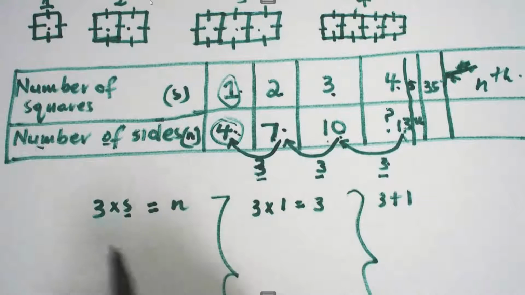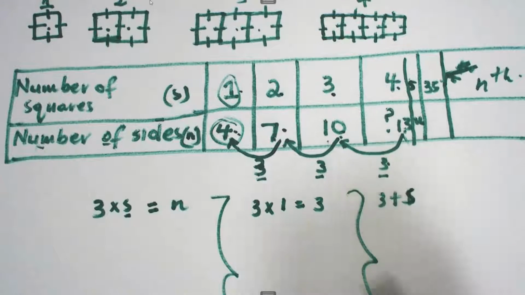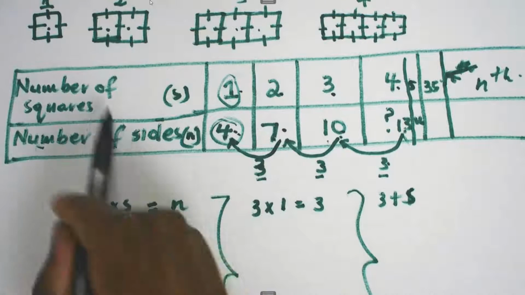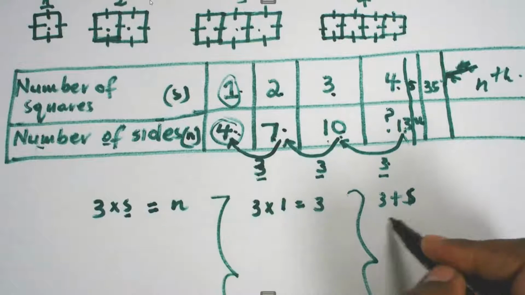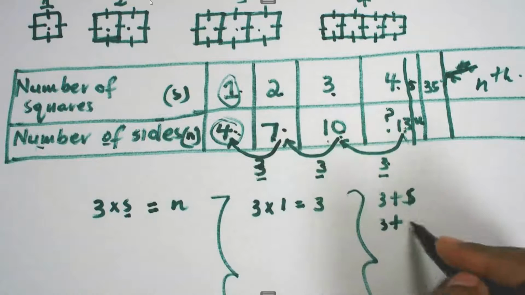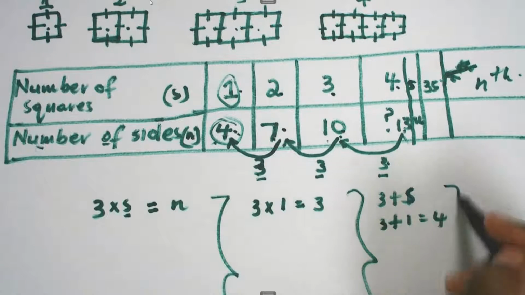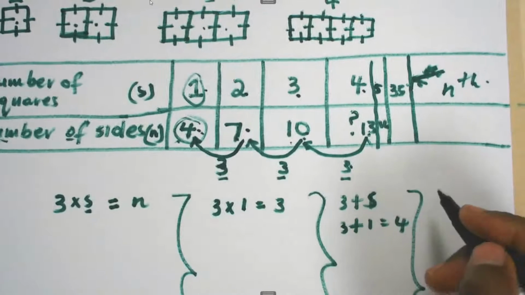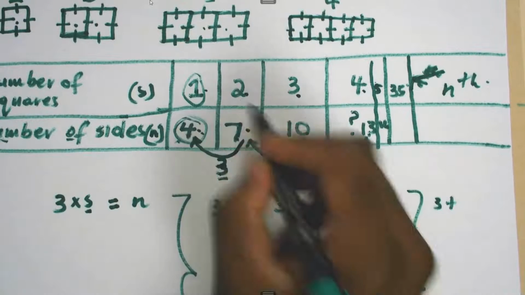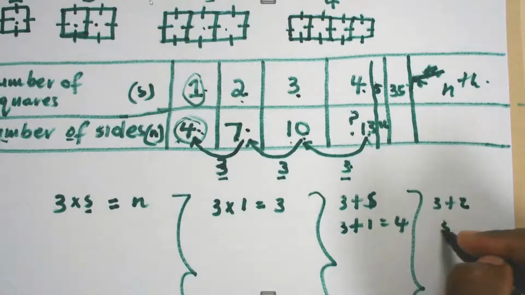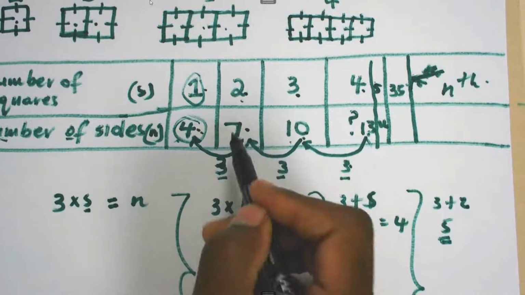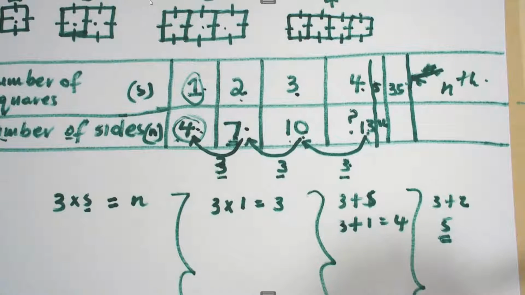Or 3 plus S, S standing for the number of squares. So in square 1 it's going to be 3 plus 1 equals 4. Voila, yes, it works. Let me check it again. The second square: 3 plus 2 equals 5. No, this does not work.